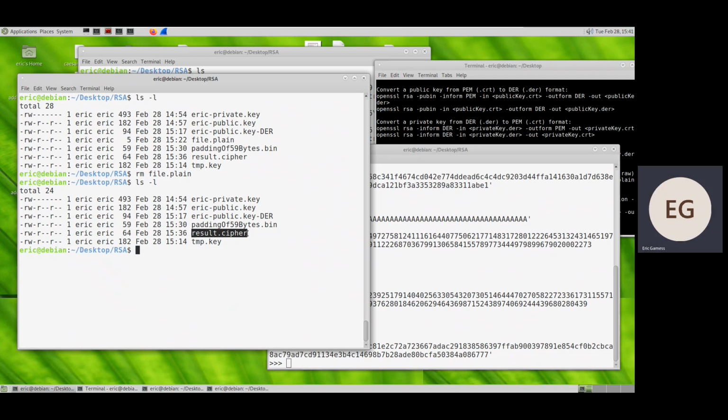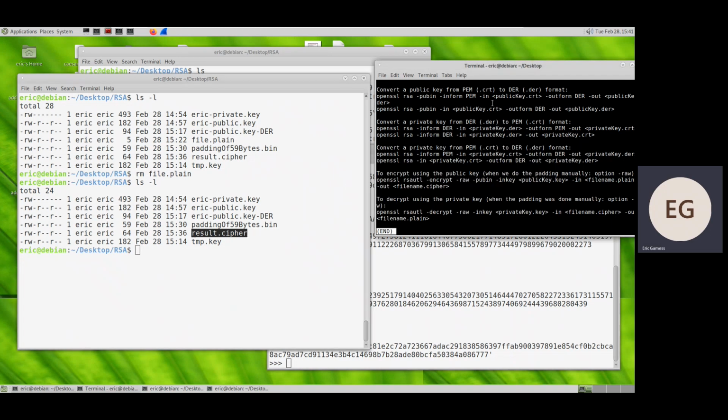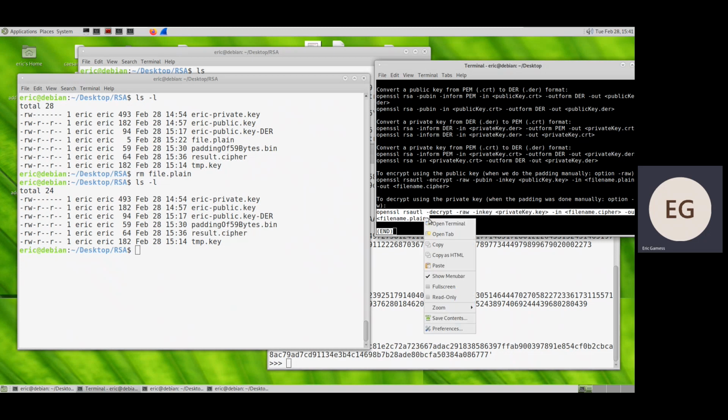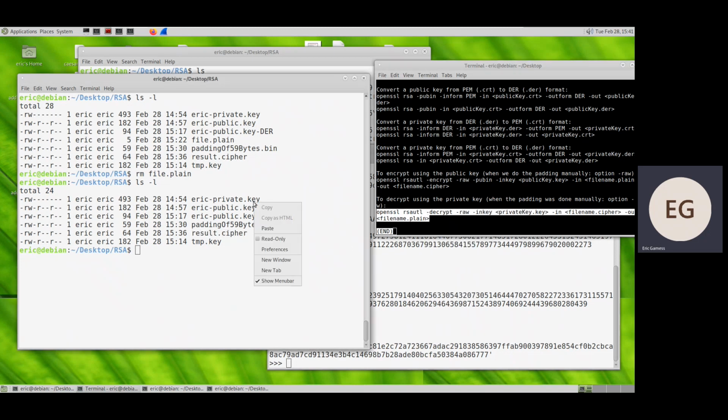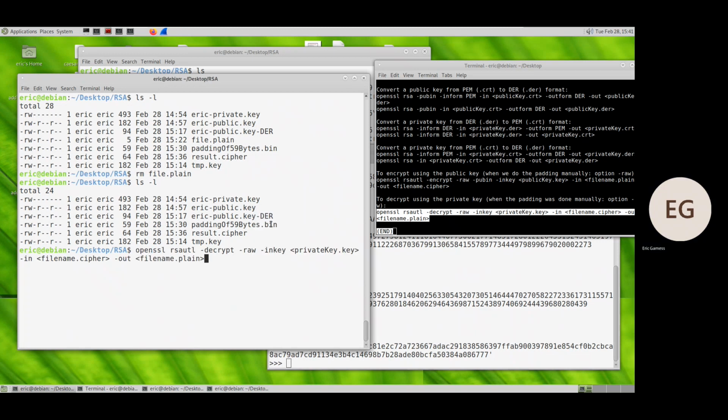And Eric wants to decrypt the file. There is a command in OpenSSL that also uses the RSA utility. Look at the command: openssl rsautl. We are going to decrypt, and we say that the padding was done by raw padding.